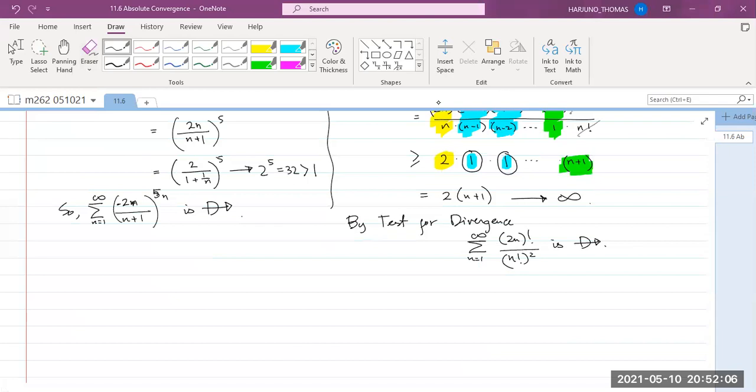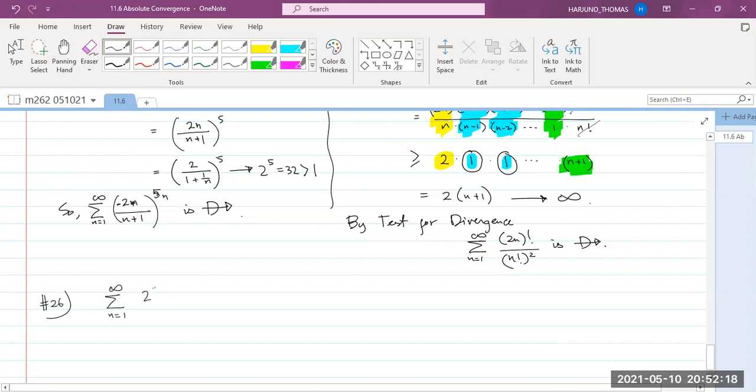Number 26, the series from 1 to infinity of 2 to the n squared over n factorial. Ooh, wow. No clue. Let me use the ratio test.